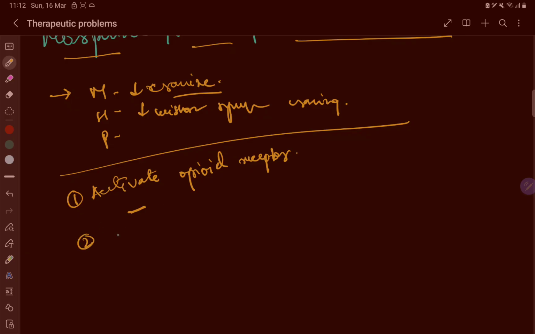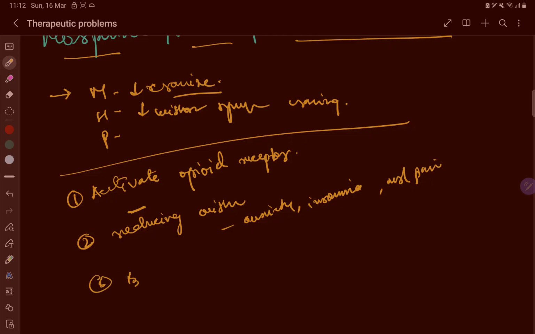Number 2, reducing the withdrawal symptoms like anxiety, insomnia, and muscular pain. The third is blocking euphoria.